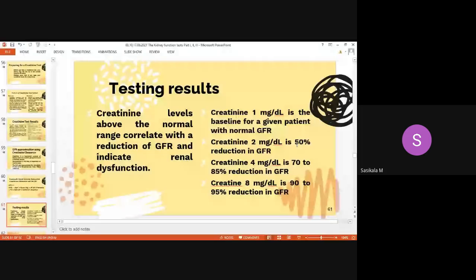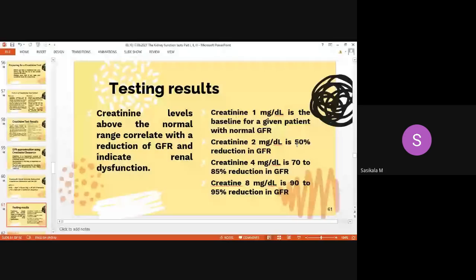So function of GFR also means the kidney is also normal. GFR rate is around 90. Normal GFR rate 90. And if creatinine is 2 milligram per deciliter, that represents a 50% reduction in the GFR. So glomerular filtration rate will be 50% reduced.